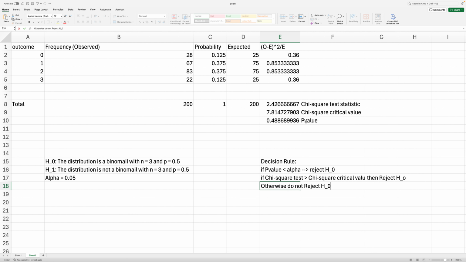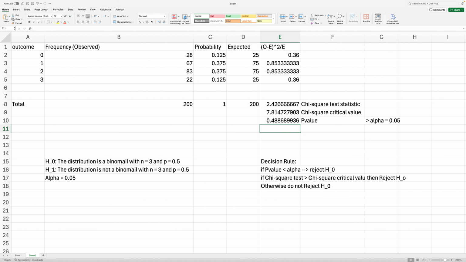So here we can see that the p-value is larger than alpha, which is equal 0.05. So if p-value larger than alpha, we don't reject the null hypothesis. Also, we can see that the chi-square test statistic is less than the chi-square critical value.